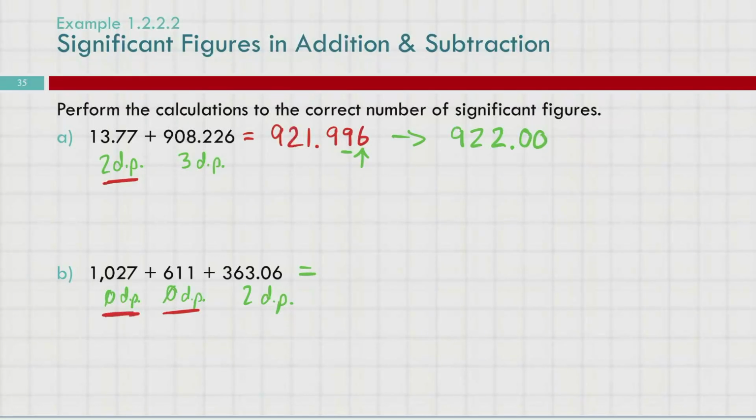The number is 2001.06. 0 decimal places means we would be rounding after the ones place. So this would turn into 2001.